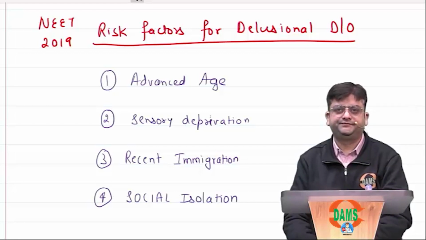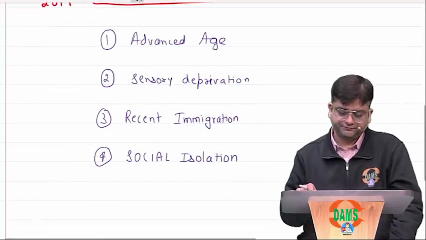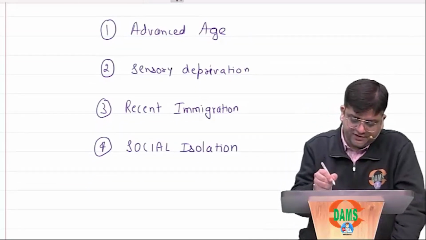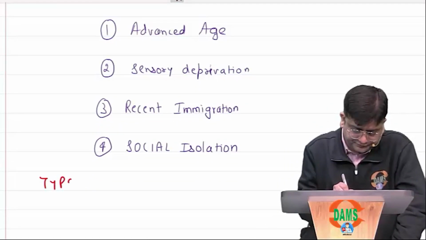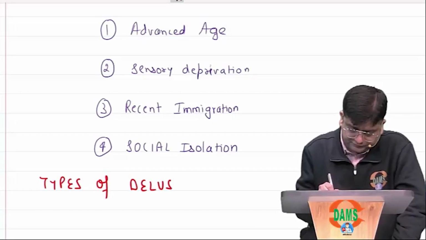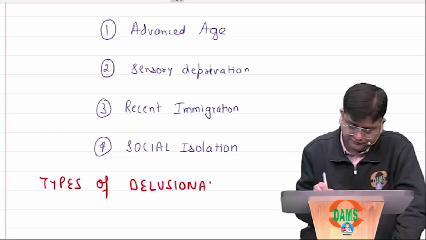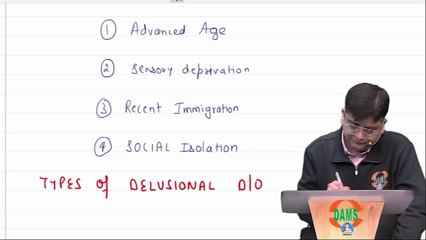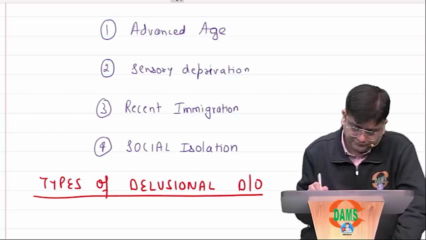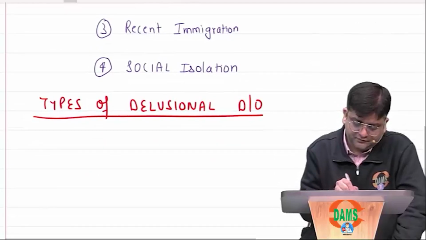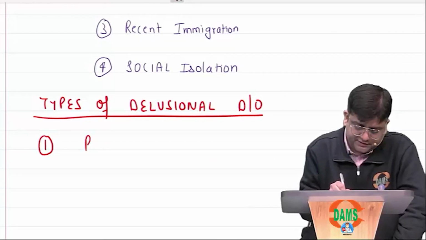Got it? Now, types of delusional disorder. Number one is paranoid disorder.